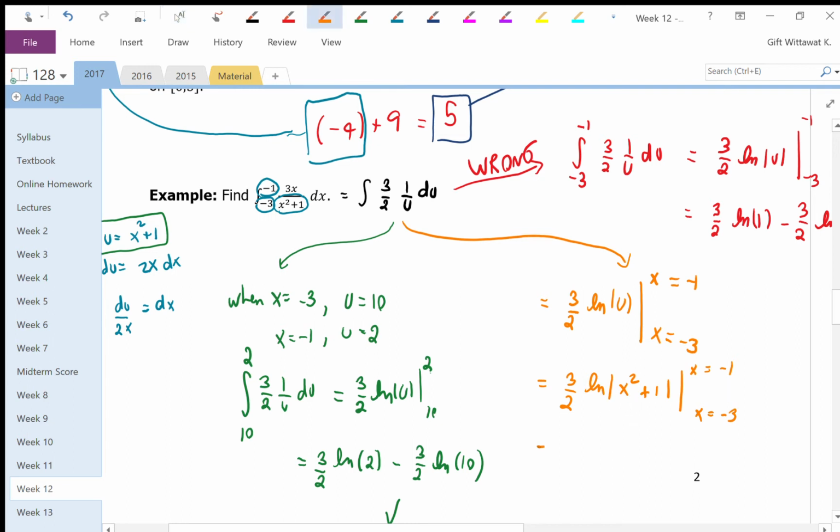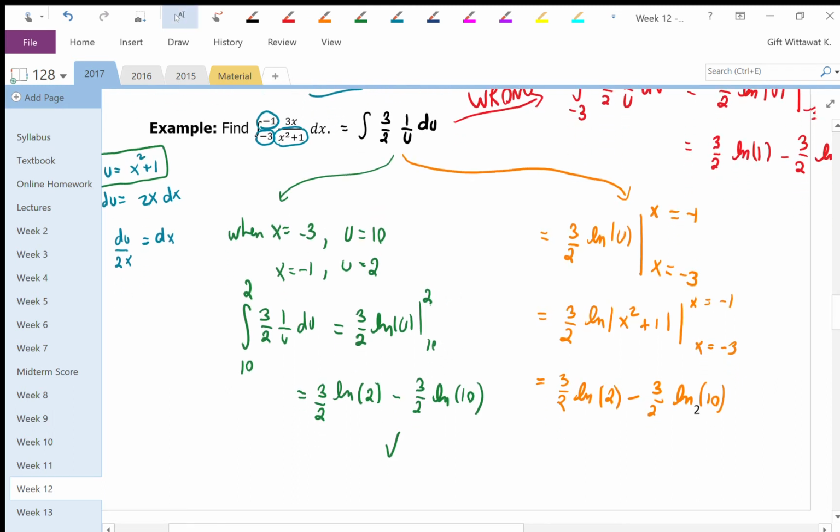It gives me 3/2 log of -1 squared plus 1, which is 2, minus 3/2 log of -3 squared plus 1, which is 10. And it's quite straightforward to check that these two are the same thing.